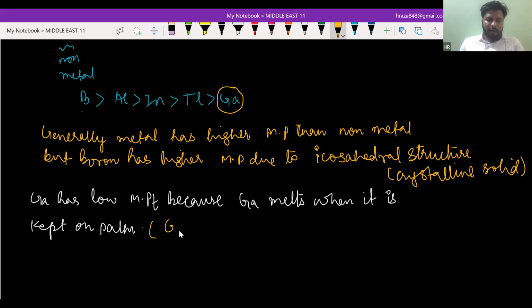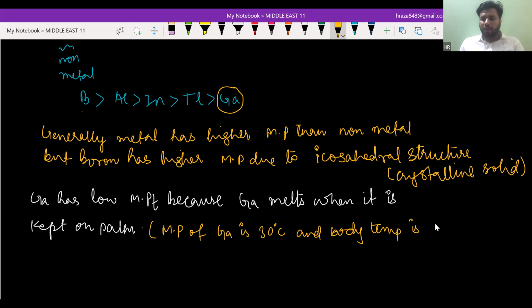We can also write the melting point of gallium is 30 degrees centigrade, and body temperature is 32 degrees centigrade.